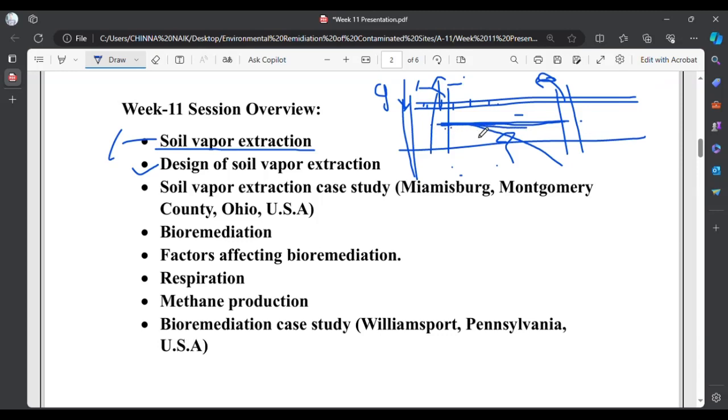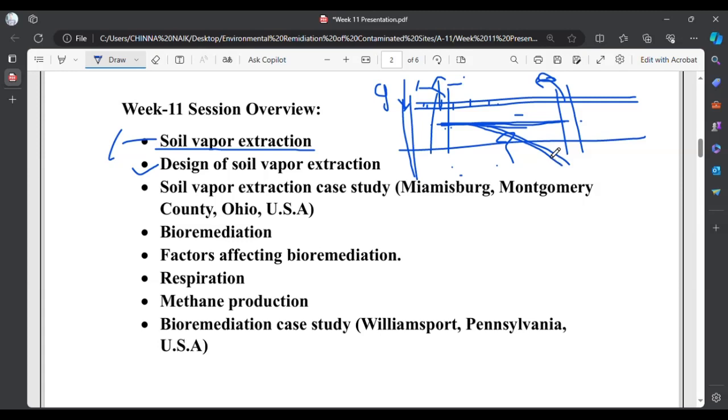We have to consider that also. With the effect of radius of influence, we have to calculate how the gas flow is varying.